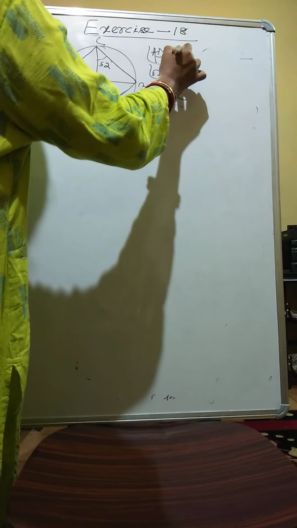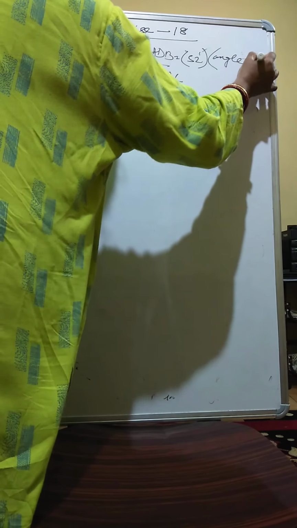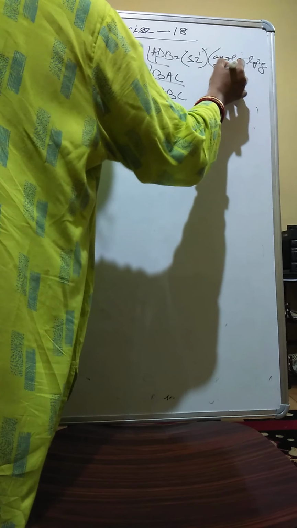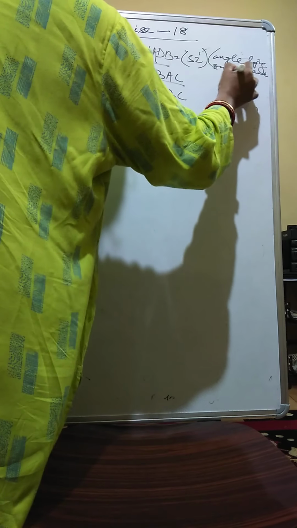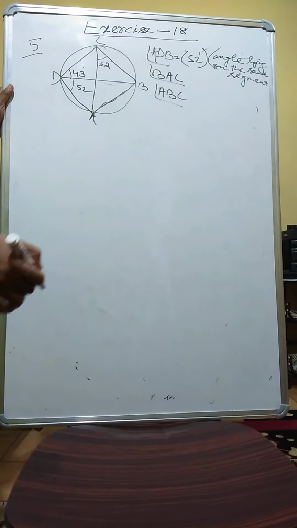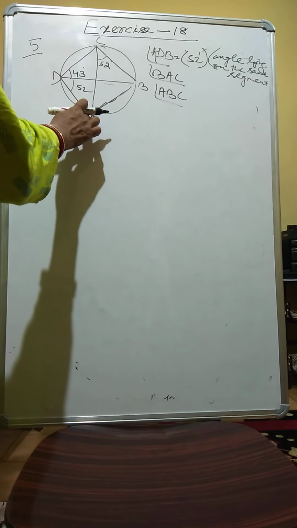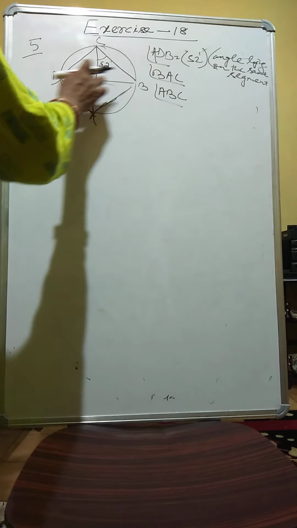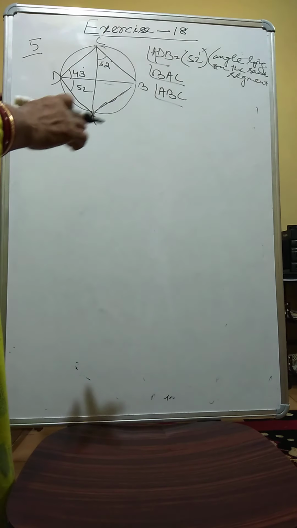Why? 52 because angles lying on the same segment are equal. Clear? You see AB is the chord, on AB ACB is lying, on AB ADB is lying. Hence this is equal.